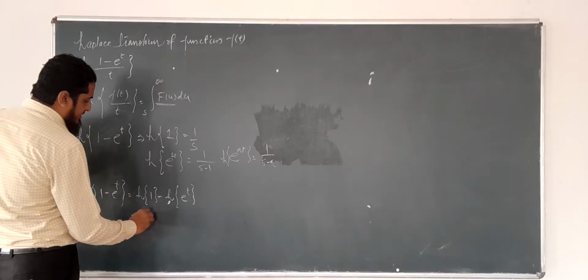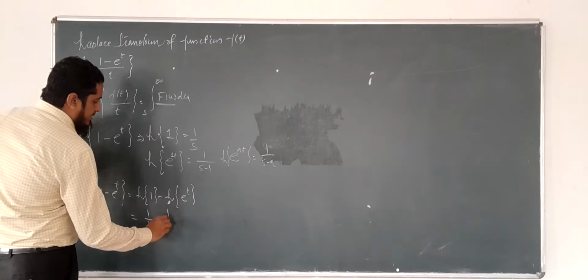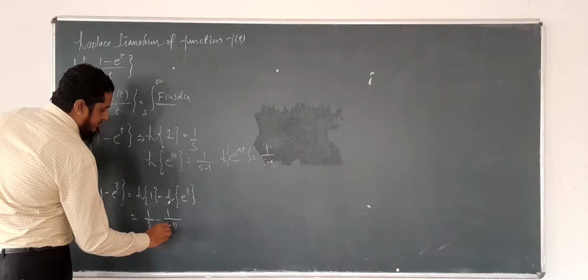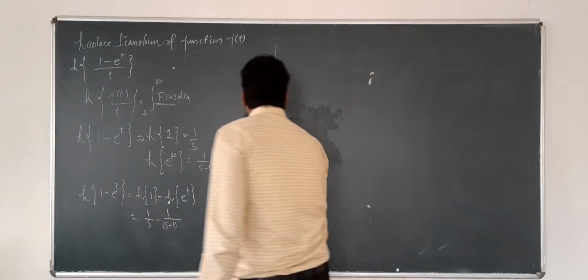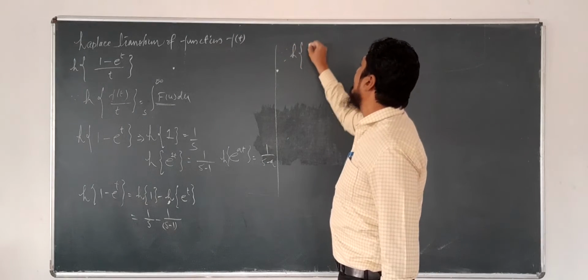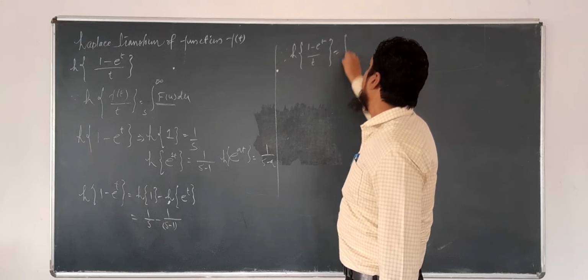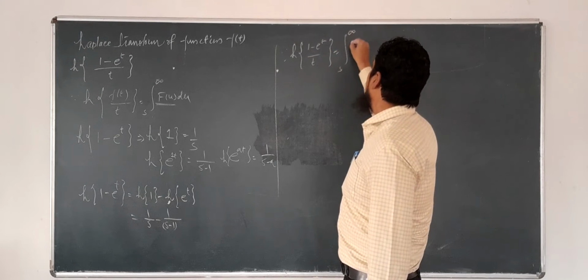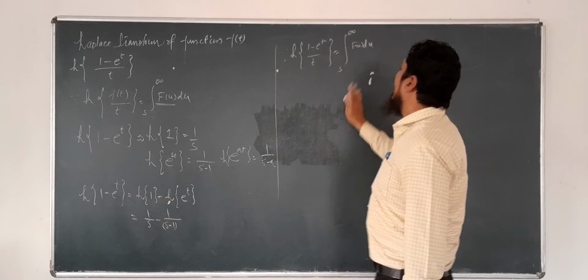The Laplace transform of 1 is equal to 1 upon s, and the Laplace transform of e raised to t is 1 upon s minus 1. Now, since the Laplace transform of (1 minus e raised to t) upon t becomes integration from s to infinity of F of u du, and we have found F of u, we can write it as integration from s to infinity of 1 upon u minus 1 upon u minus 1 du. Correct?